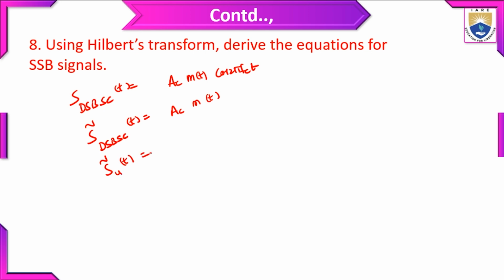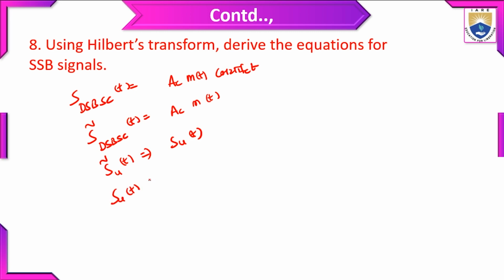So here I am using the upper sideband, and u indicates the upper sideband. S tilde u of t is the complex envelope of Su of t; the tilde indicates the complex envelope. What is Su of t?